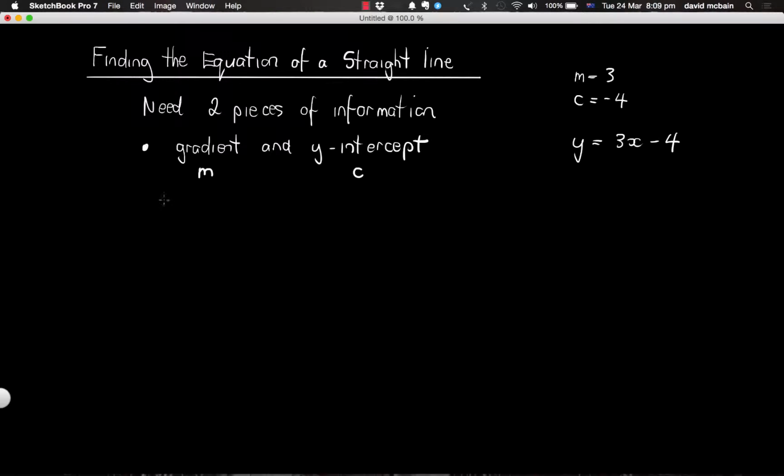So that's one example of having two pieces of information to work out the equation of the straight line. But other information you might get is this. We might have one point on the line as well as the gradient.